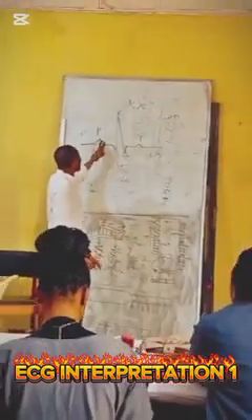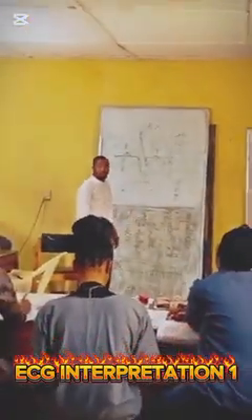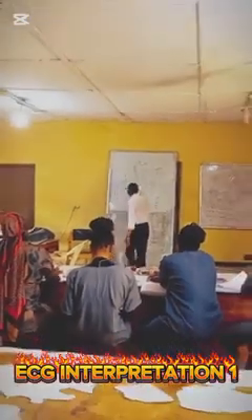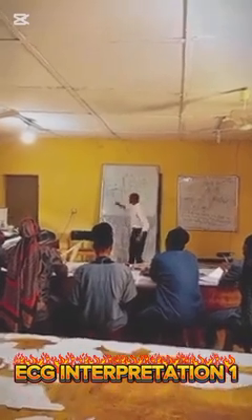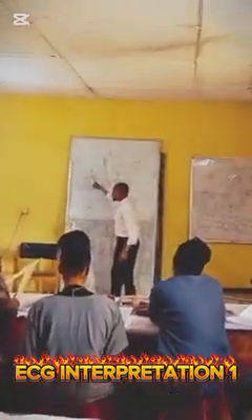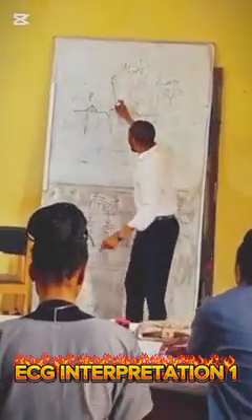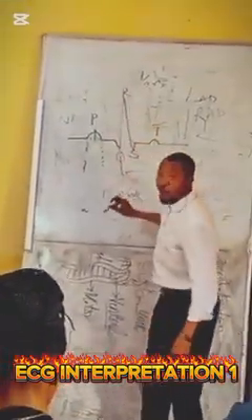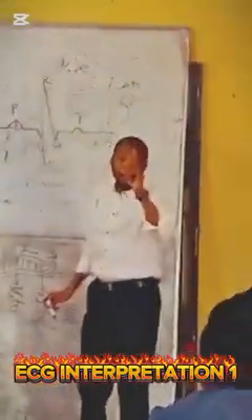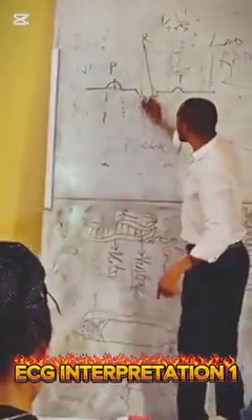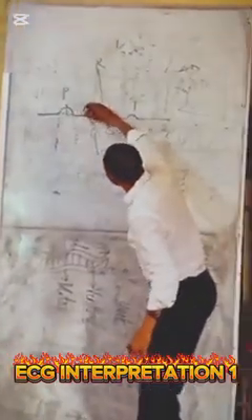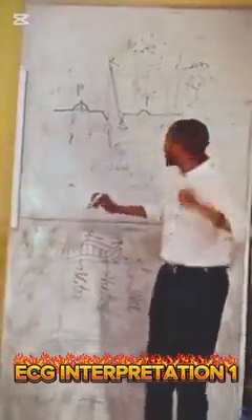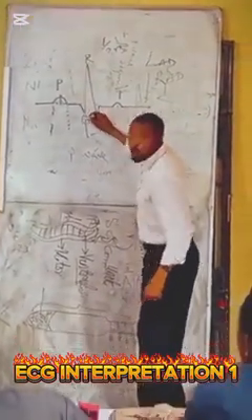And that will take us to the PR segment. The PR segment is the end of atrial depolarization and the onset of ventricular depolarization. It is the first isoelectric line. You can see it is a straight line. The first isoelectric line.